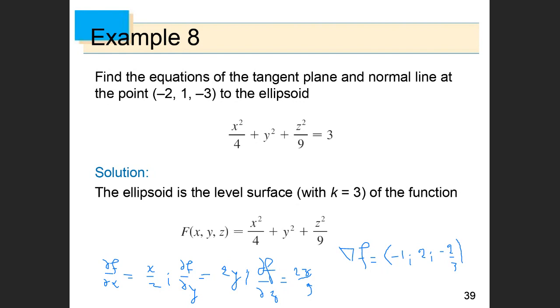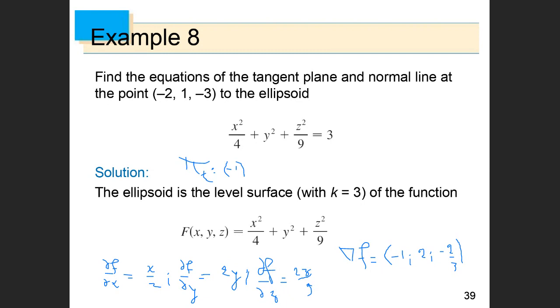So what is the equation of the tangent plane, guys? How should I write it? The gradient is a normal to the tangent plane.